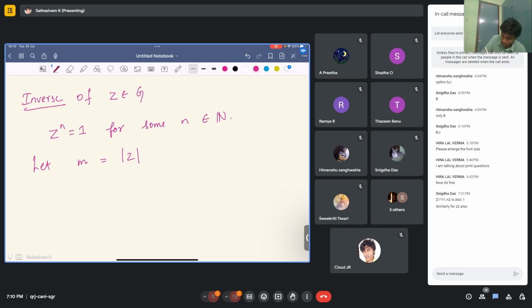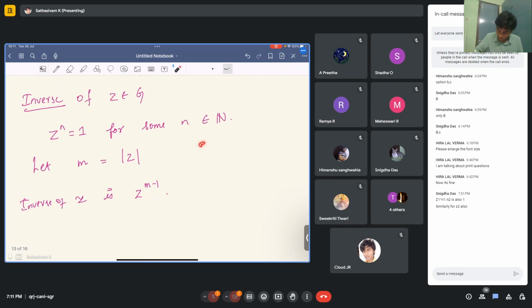So now, what is the inverse? The inverse of the small z is basically Z power m minus 1. I think probably you don't have to worry about the order. I think you're right, even Z power n minus 1 will work.